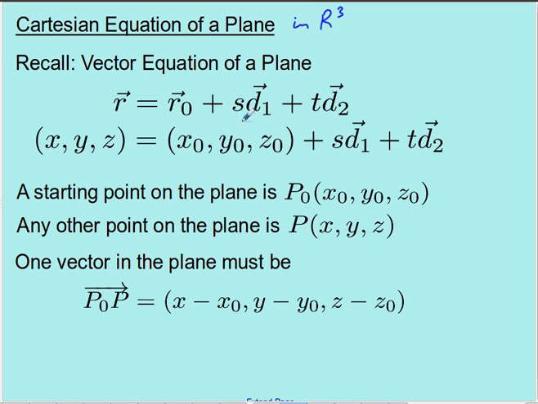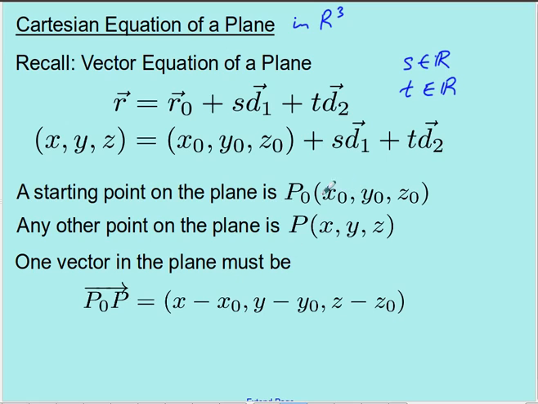And then we have our scaling coefficients, and so S is a member of R and T is a member of R. They can take on all values, all real values, including 0. If S and T are equal to 0, that just happens to describe the point of the initial position vector.